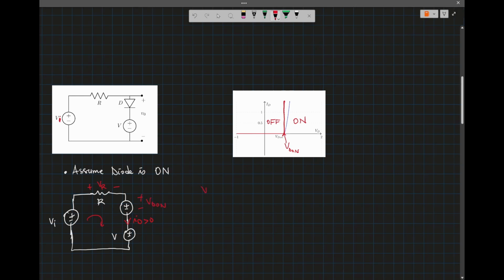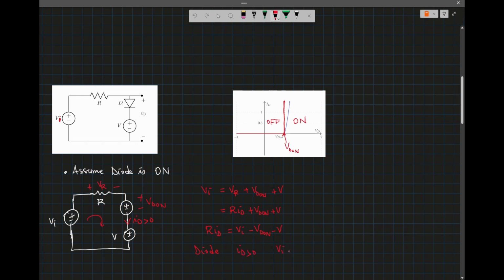So VI equals VR plus the diode voltage plus the bias voltage V. The voltage drop across the resistor is R ID, which is VI minus VD on minus V. Because the diode is assumed to be on, ID must be positive.